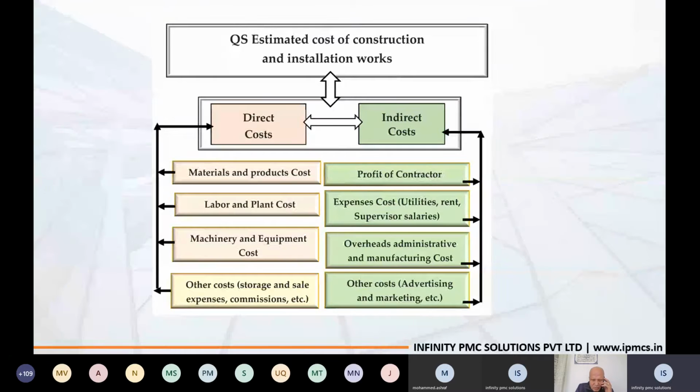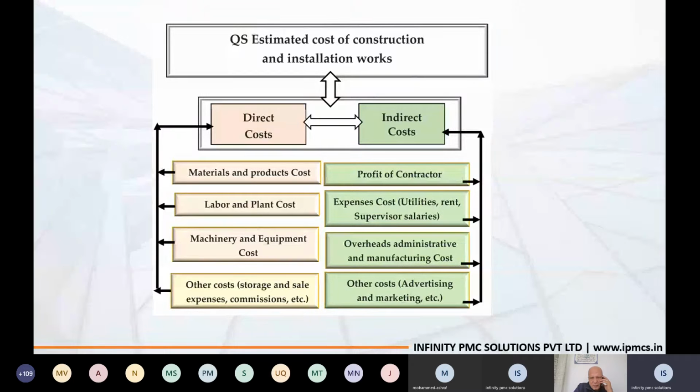So I was explaining about the cost. Cost here in our tool Costex doesn't mean only capturing the direct cost. When a QS is calculating a cost for a project, it includes the direct and also the indirect cost.